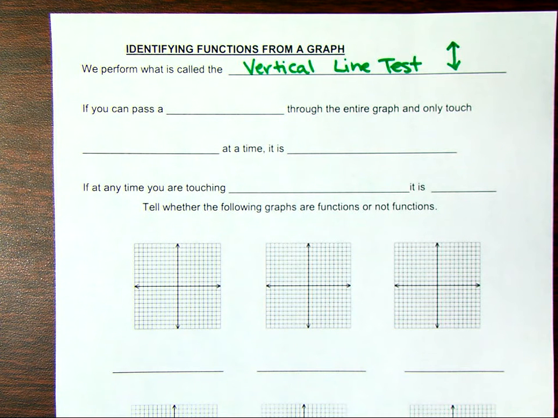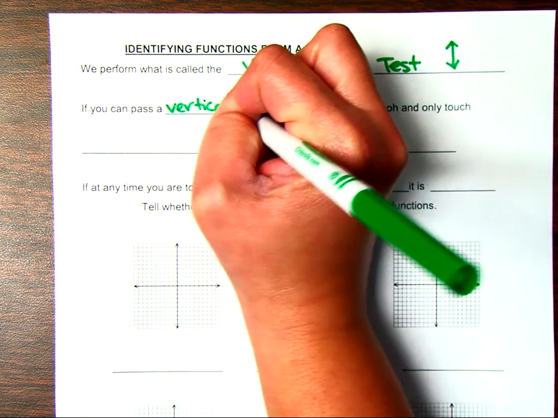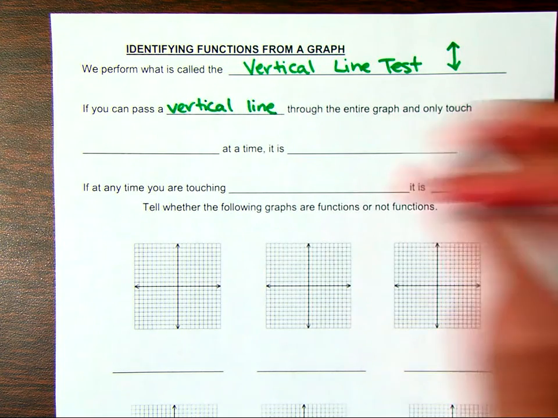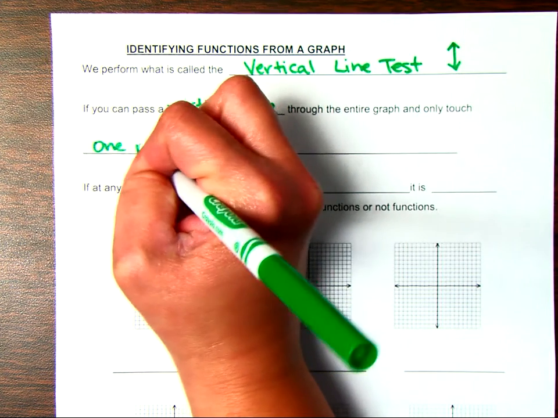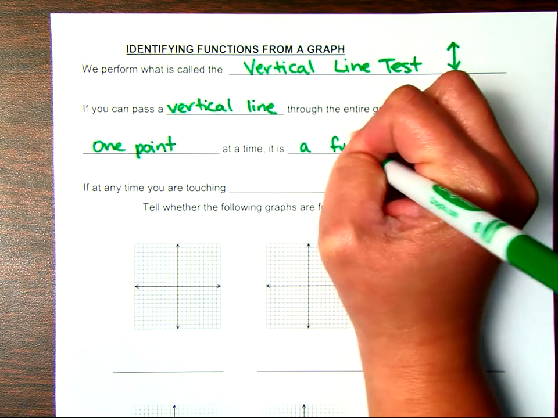Vertical, remember, means up and down. So that's your y-axis when we look at the x and y-axis. If you can pass a vertical line through the entire graph on that picture, and you're only touching one point or one ordered pair at a time, then it is a function.